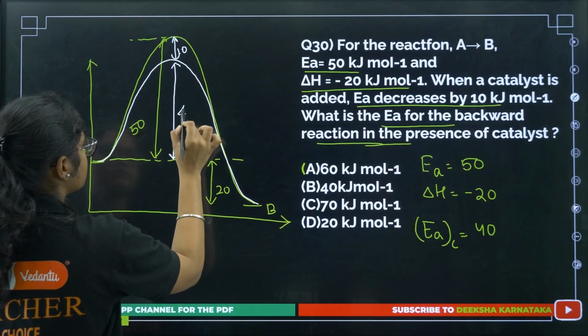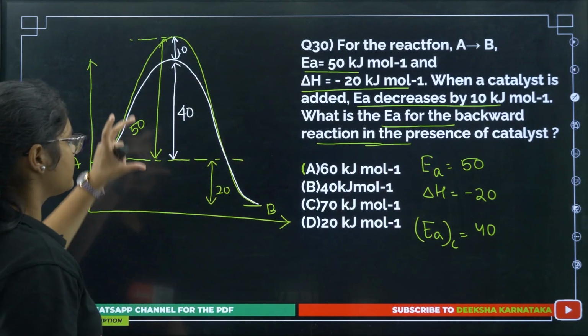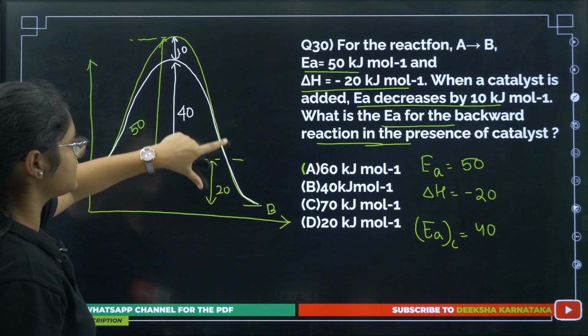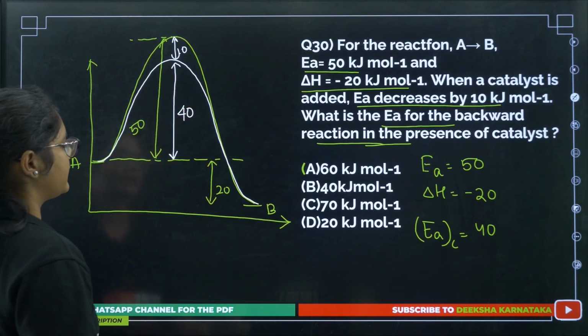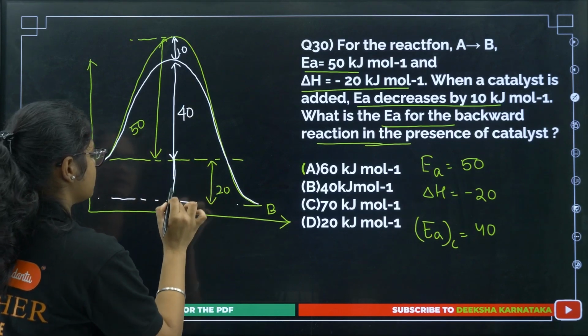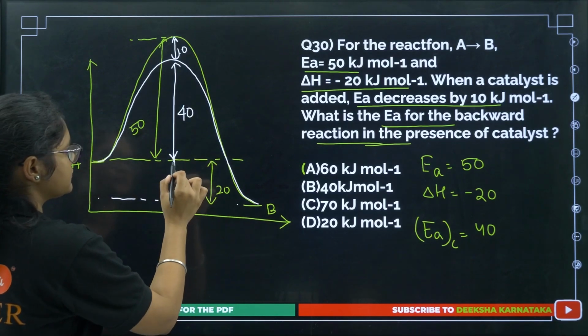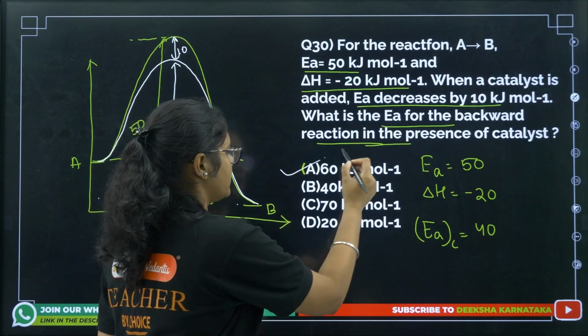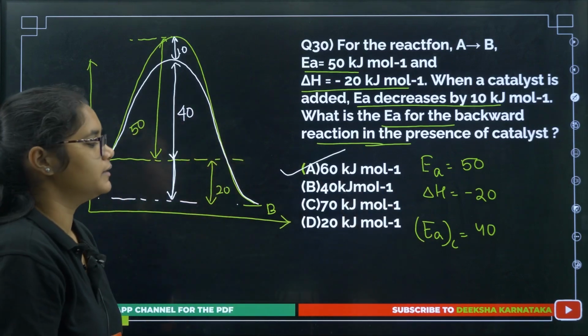This value is 40. Now this is 40 and this is 20. So what is the activation energy for the backward reaction? For the backward reaction, this total is the activation energy. So this is 40, this is 20, and the total will be 60. So the correct answer here will be option number A.